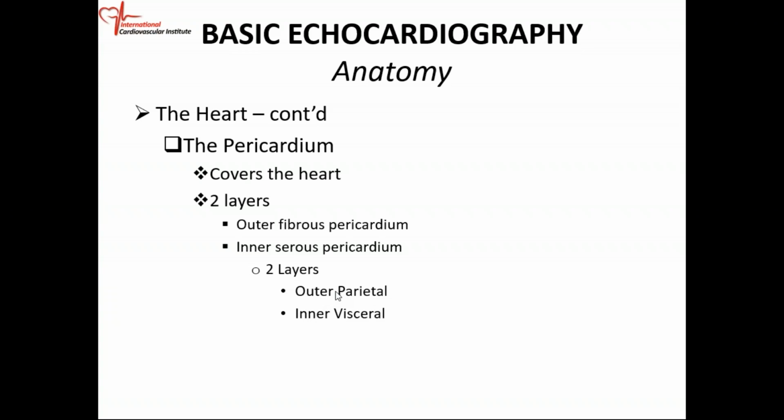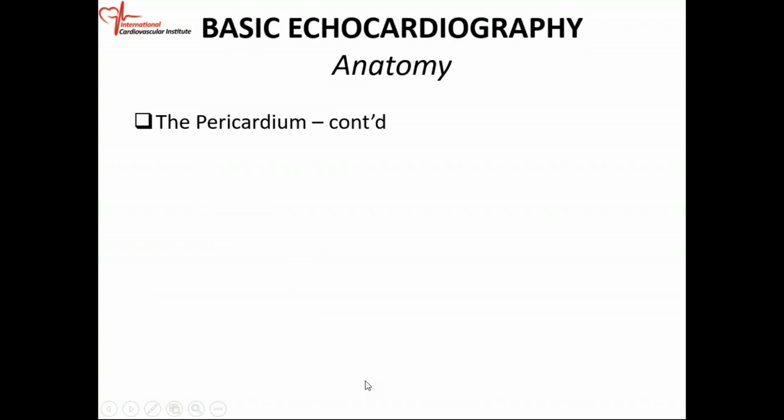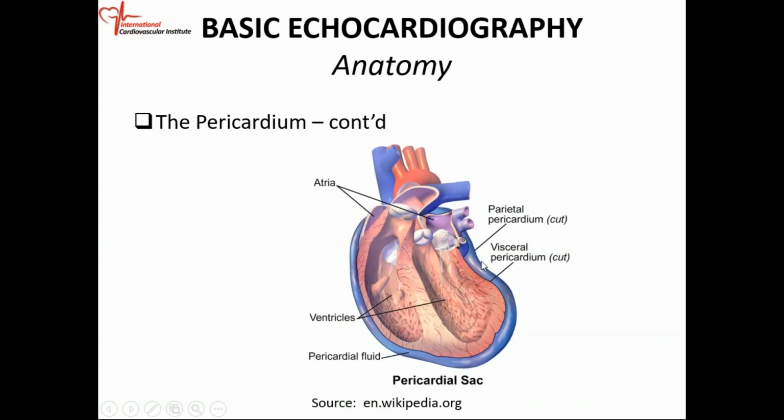Okay, all right. So that's the pericardium. When you leave the pericardium and go inwards, further into the heart, the outer covering of the heart is the pericardium. The outermost portion is the fibrous pericardium, and just below that you have your parietal and then the visceral.